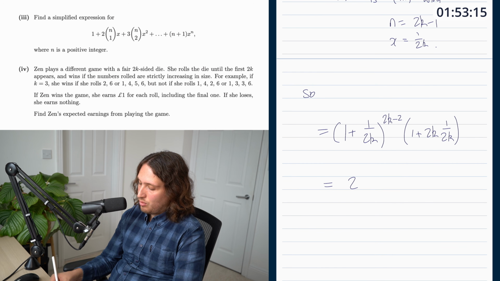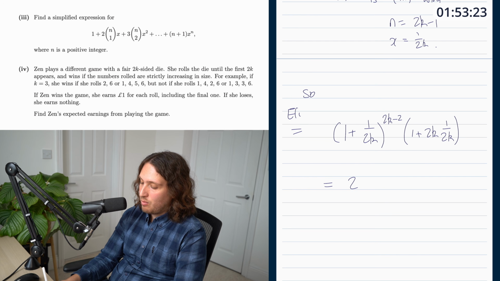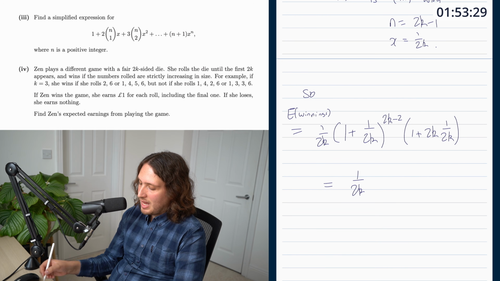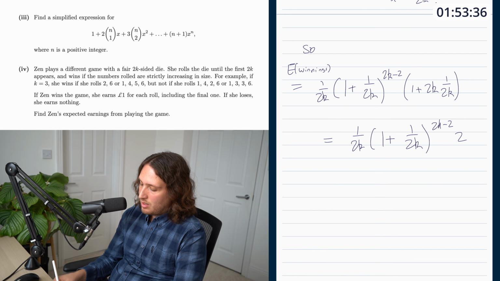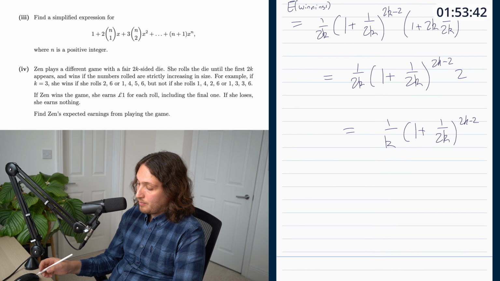So that's just 2 lots of... got to be a bit careful. Remember, there was that 1 over... So we did pull out a 1 over 2k. I've got to remember that. So I've got 1 over 2k, 1 plus 1 over 2k to the 2k minus 2 times 2, which is 1 over k, 1 plus 1 over 2k to the 2k minus 2.